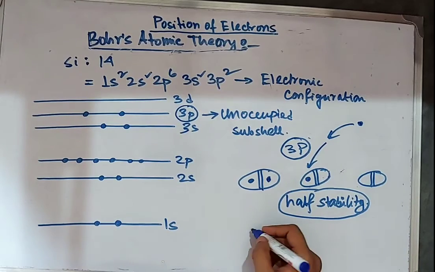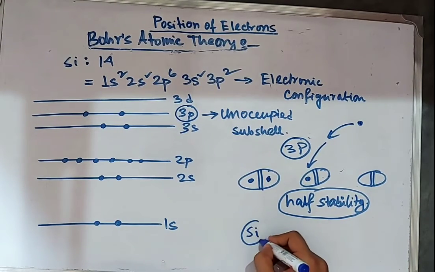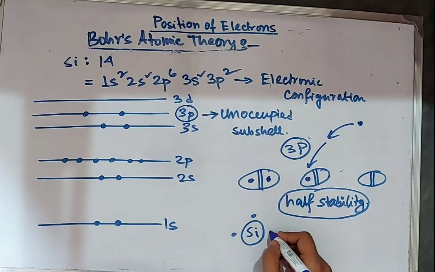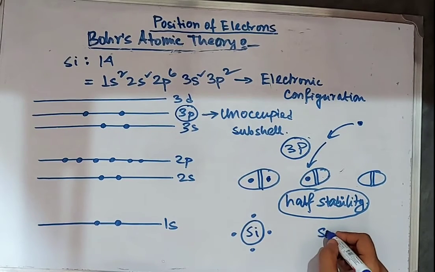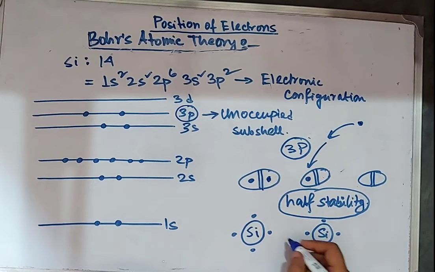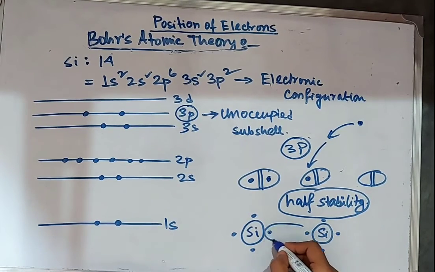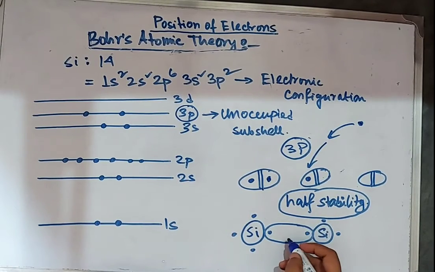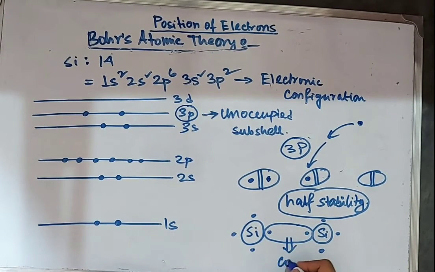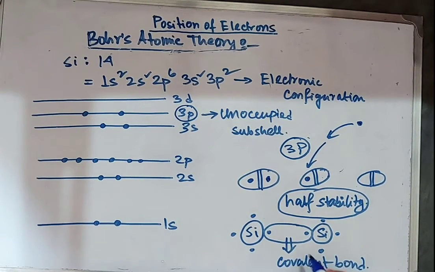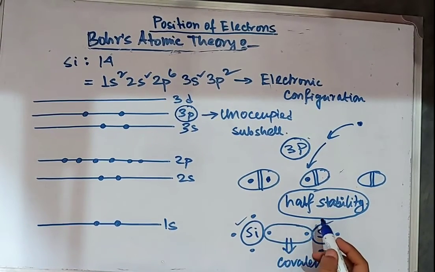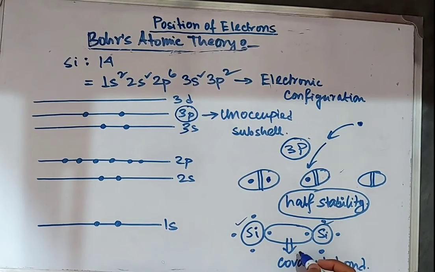So for that, two silicon atoms which have 4 electrons in their outer shells will share 1 electron each and form a covalent bond, so that both silicon atoms get half stability and become much more stable than being unstable.